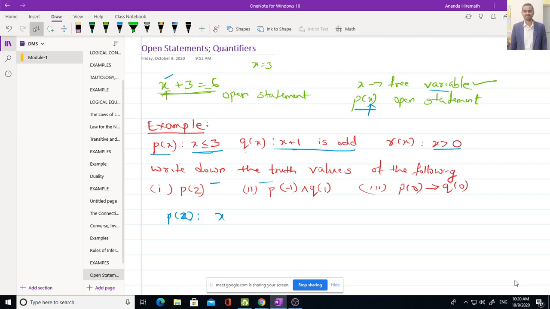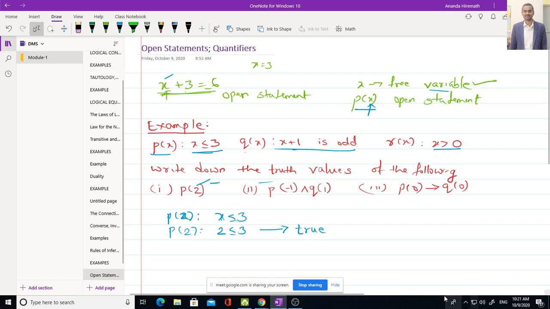Here I will write first p of x, x is less than or equal to 3. Now x should be replaced by 2 because here it is given as 2. So p of 2 will be, x replaced by 2 everywhere, so 2 less than or equal to 3. Now I can say that this p of 2 is true because 2 is less than or equal to 3.